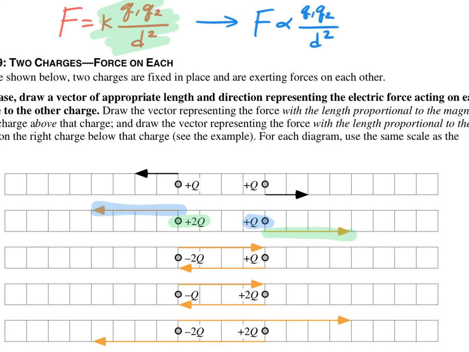So the arrows are still going in the same directions as they were for the last 2 examples. But since the product of charge has a magnitude 4, the length of the vector arrows has to have 4 times the magnitude as our example, which was just magnitude 1. Or twice as much as the magnitude 2 examples, however you want to look at it.